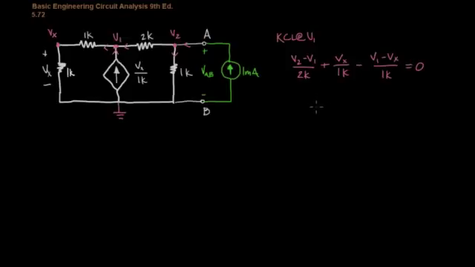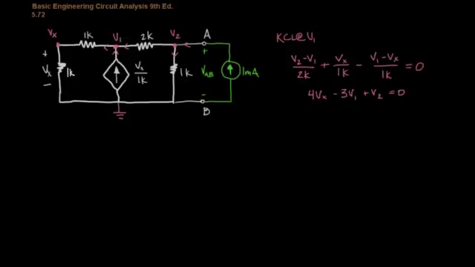When you simplify that, you're going to get 4Vx minus 3V1 plus V2 equals 0.